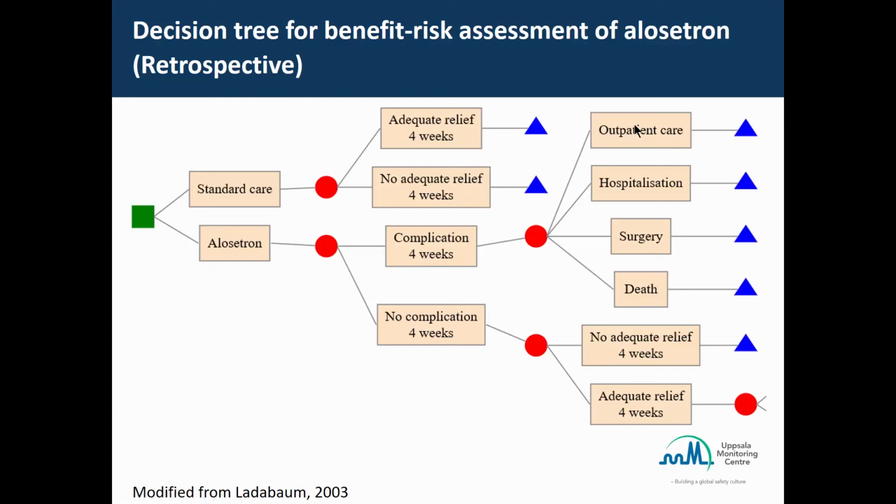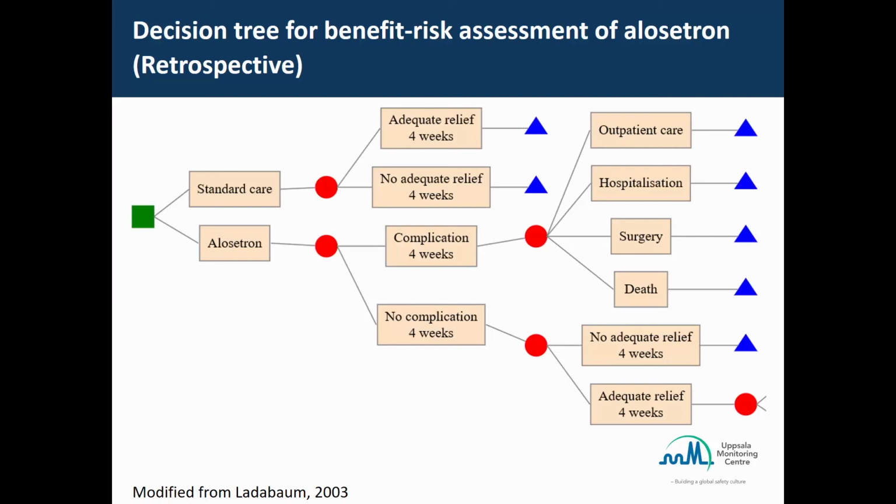The blue triangles that you see here and also here are so-called consequence nodes, and there is one consequence node for each branch in the tree, and each such node is assigned a utility.